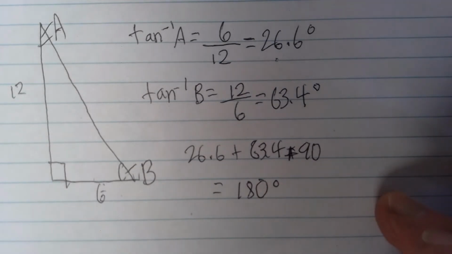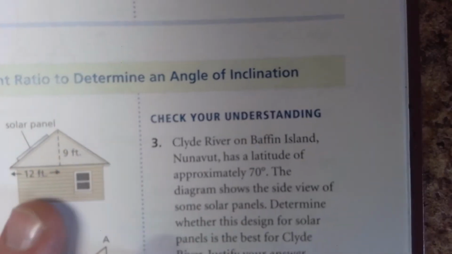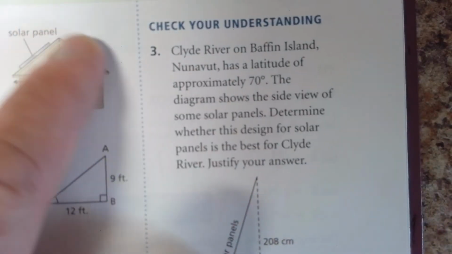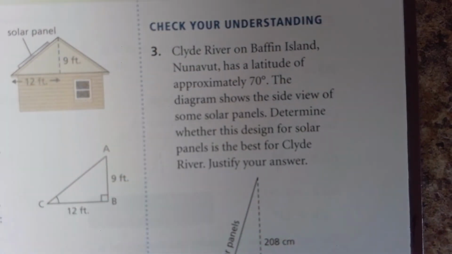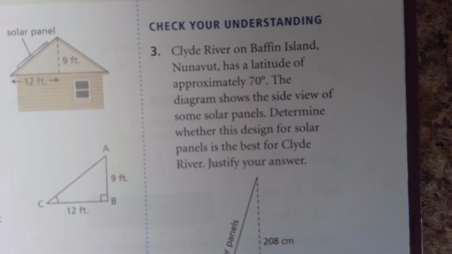Okay, there's a nice example on page 73 that we're going to do. Let's have a look. This one here, check your understanding. Clyde River on Baffin Island, Nunavut, has a latitude of approximately 70 degrees. The diagram shows the side view of some solar panels.